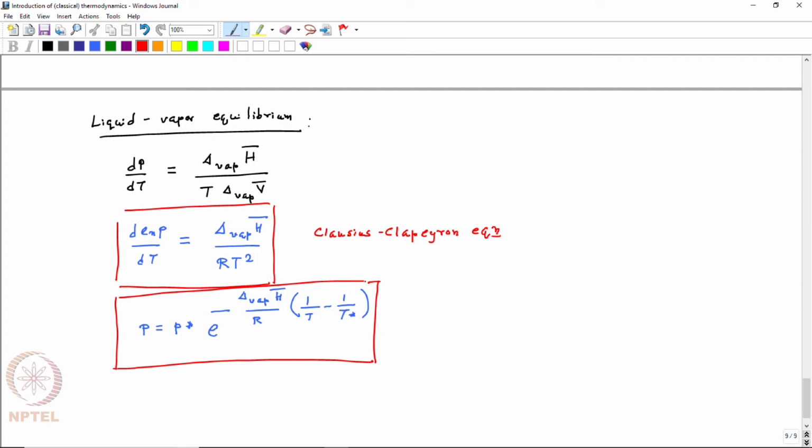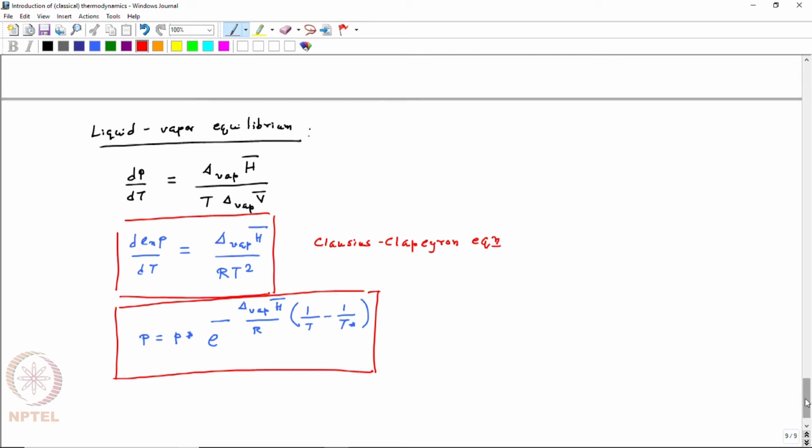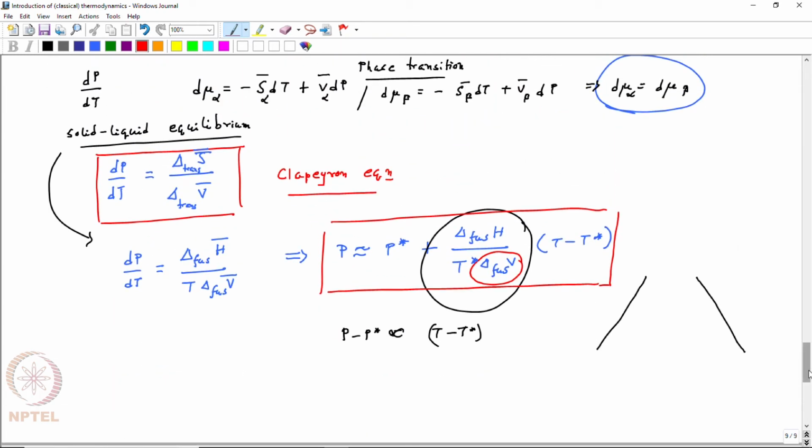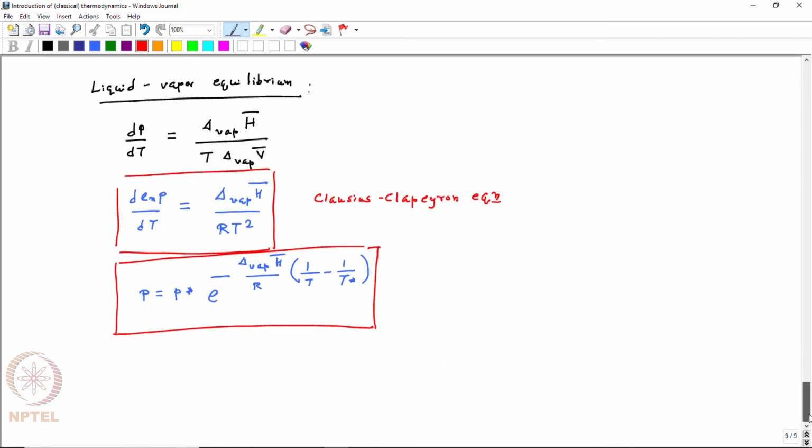Now, before I conclude this part, let us discuss the effect, if I apply pressure, on the freezing point and melting point.